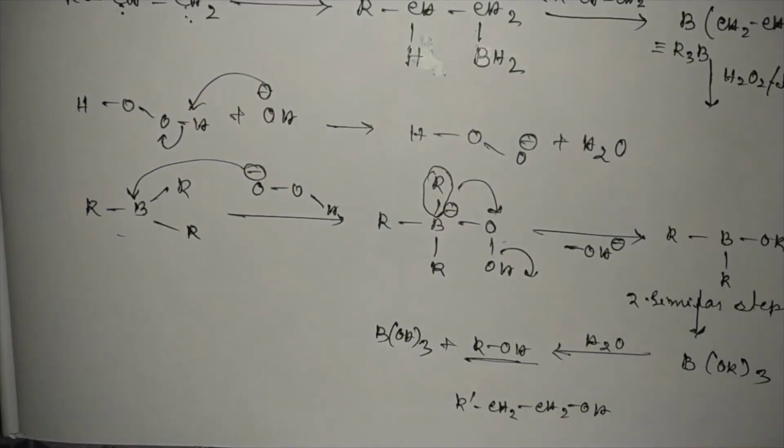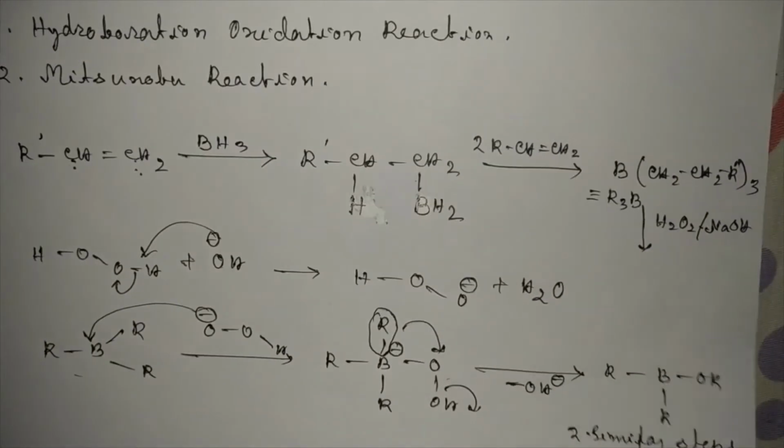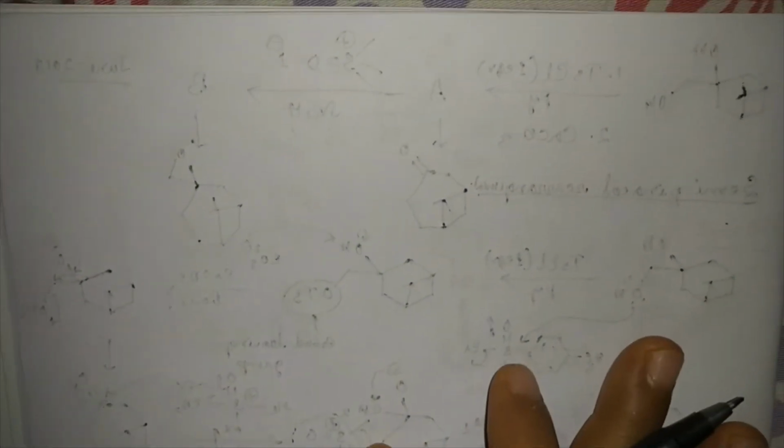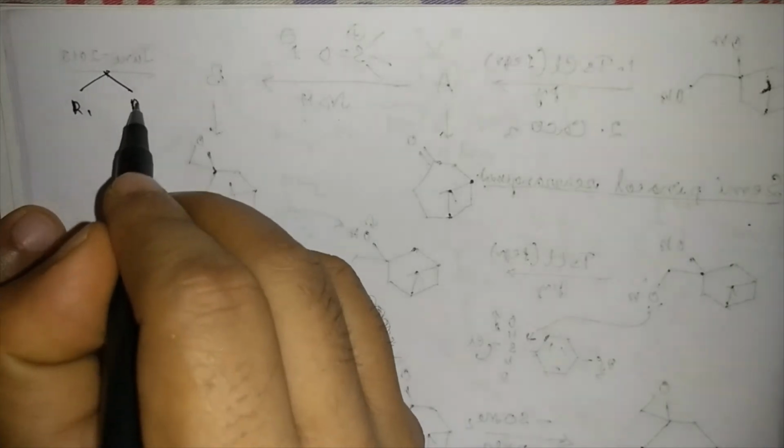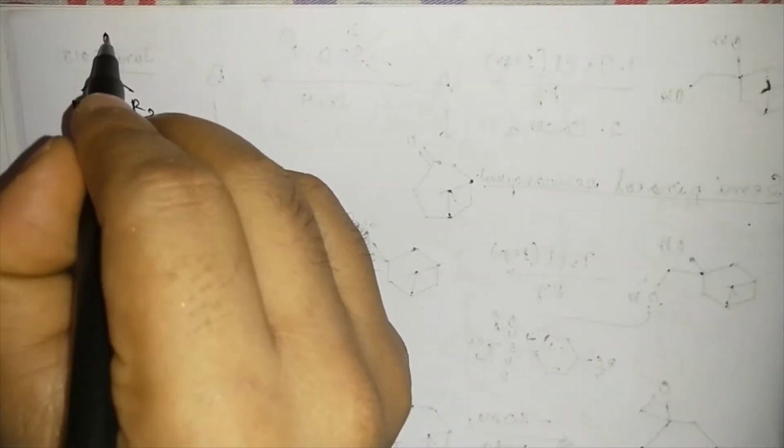Now we will go to the second reaction, that is the Mitsunobu reaction. In Mitsunobu reaction, this is R1, R2, let's say this is an alcohol.